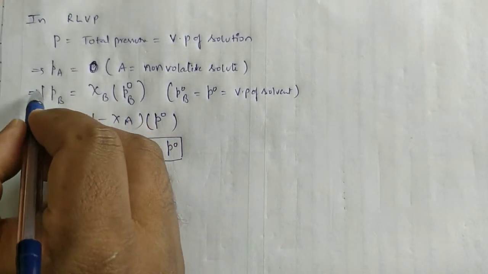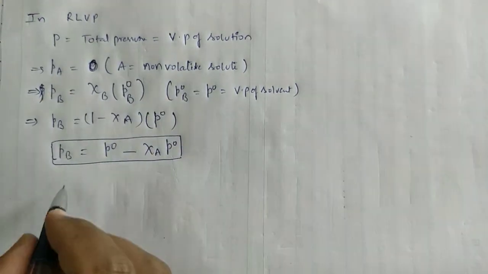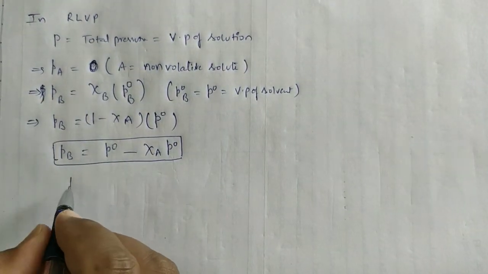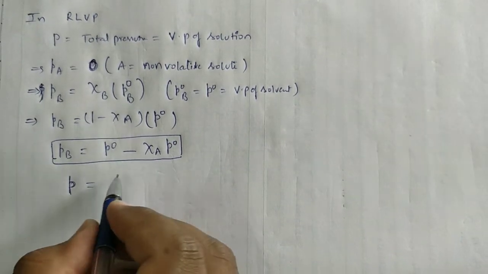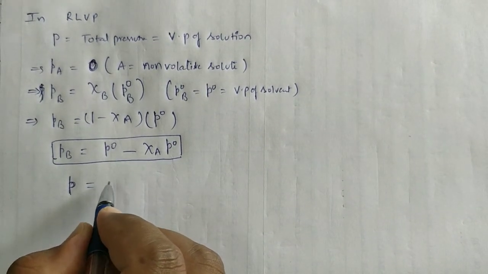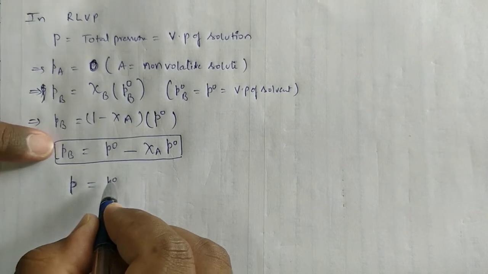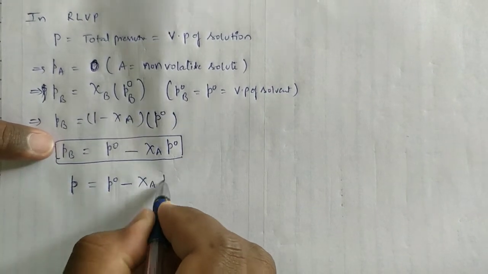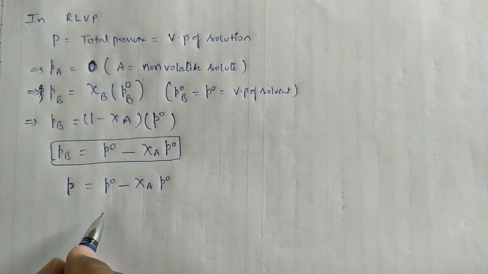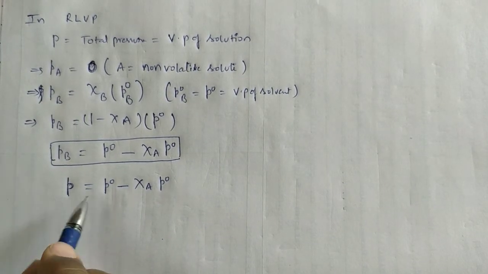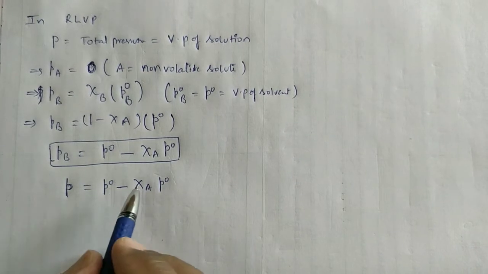Substitute these values in total pressure P. Total pressure means here pressure of solution. P is equal to Pa, which is 0, and Pb only is there. Pb value is P naught minus chi a into P naught. P is equal to P naught minus chi a into P naught.